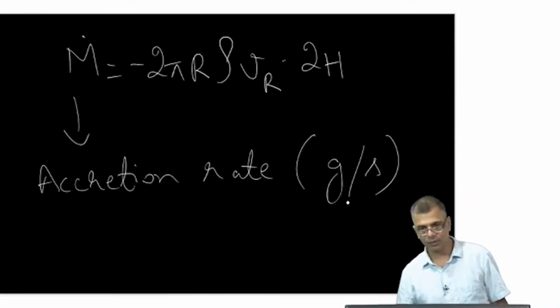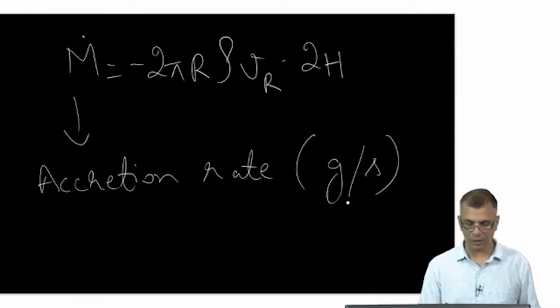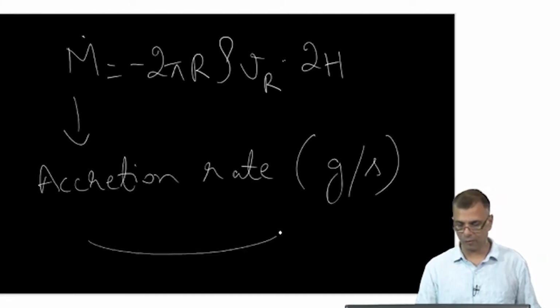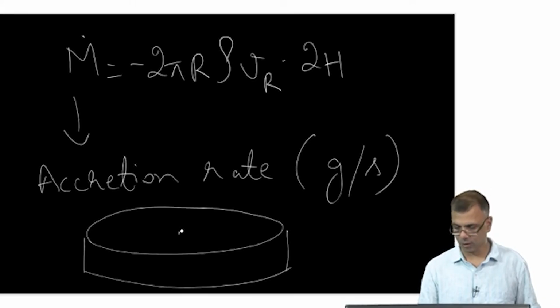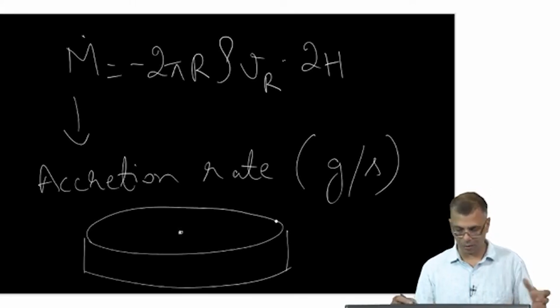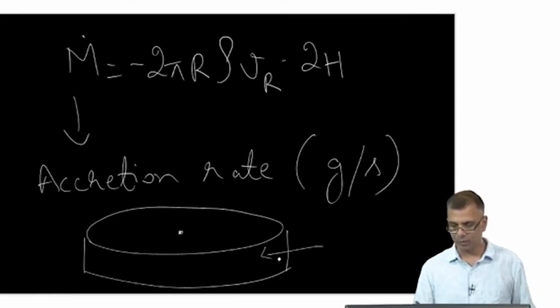second. And so this simply is saying that you have an accretion disk like so, around a central object, and stuff is moving in this way with a radial velocity Vr, slowly sinking in.